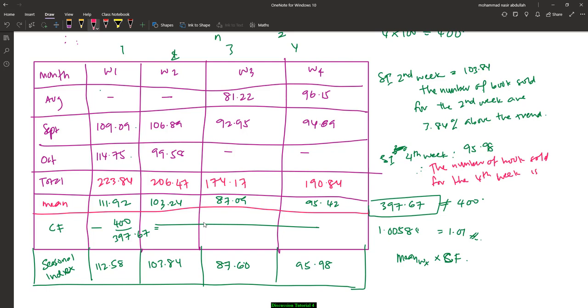So macam mana nak tahu? 100 minus 95.98. So will be 4.02% below the trend. So mana dapat 4.02? 100 minus 95.98%. Right?